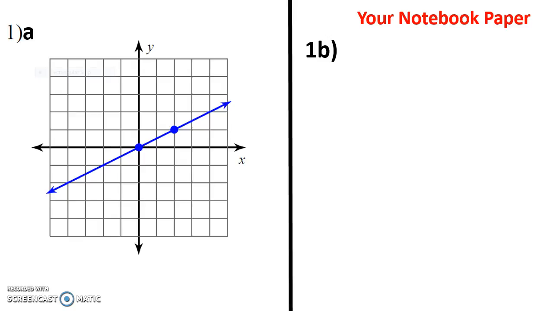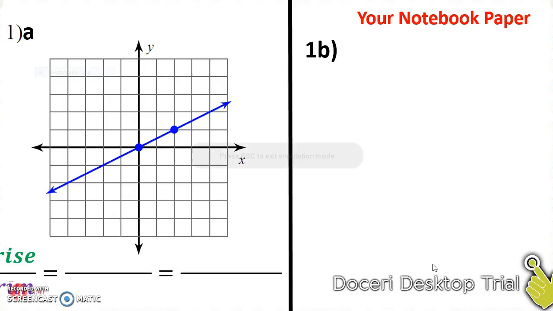So to calculate the steepness or the slope of a line, all we need to do is choose 2 points on the line and write down the ratio of the rise over the run. And that ratio that we get is a number that quantifies how steep that line is. So they've made it quite easy for you right here.